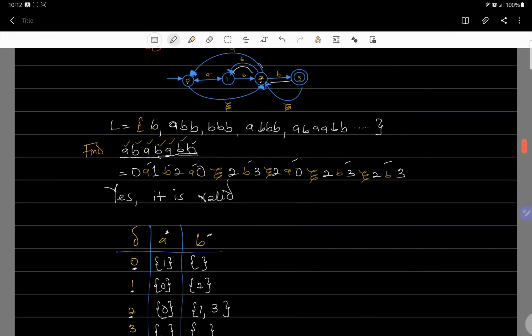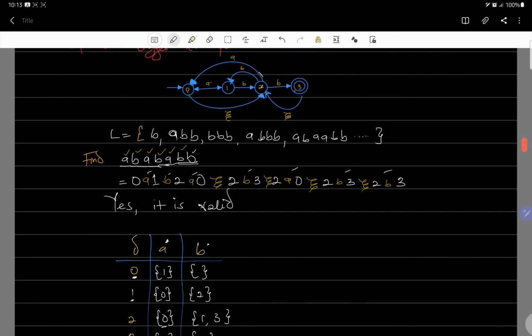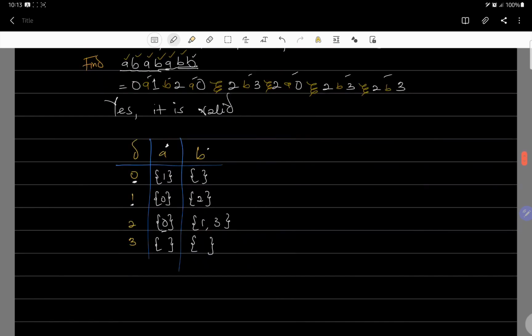So 2 can lead us back to 1 and can also lead us to 3. From 3, if you want to pass a, nothing, and if you want to pass b, nothing. So this is the movement chart, or the movement table. All right, I think we're done.